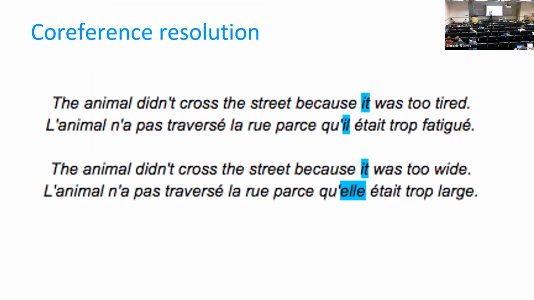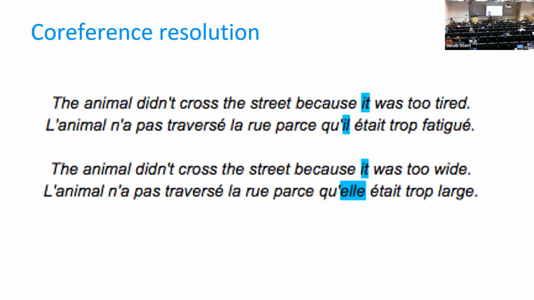Probably the animal, right? And how did you determine that it referred to the animal? Because animals are what get tired. Exactly. So we have two nouns in this sentence, animal and street, but you decided in this case that it referred to animal because you saw the word tired.